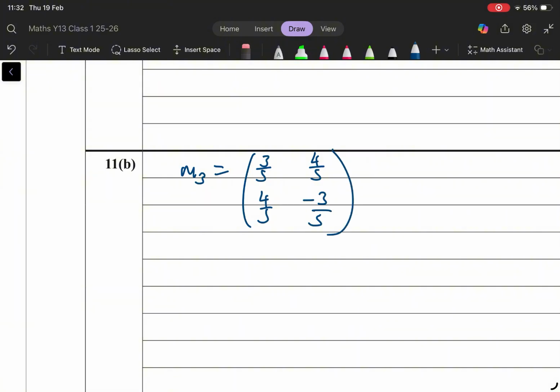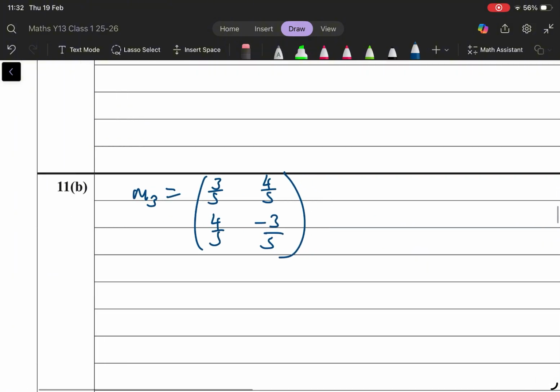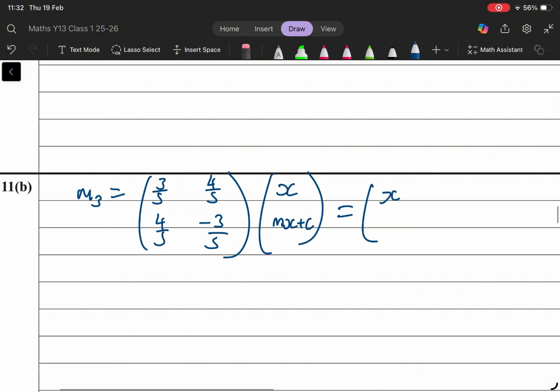Right, okay. So that's M3, and then we've got that times x and y, or mx plus c, I should say. Mx plus c will equal x dash, mx dash plus c.